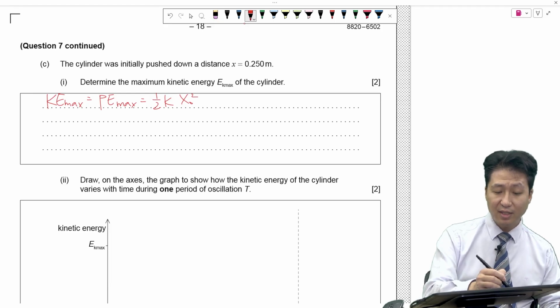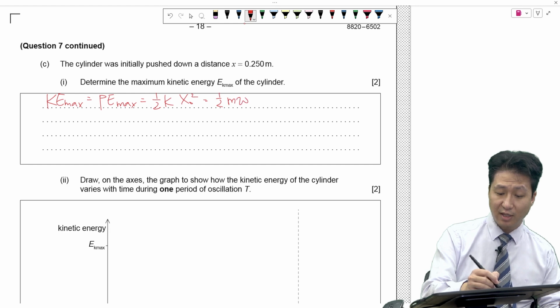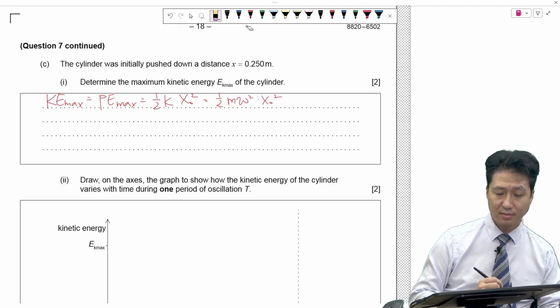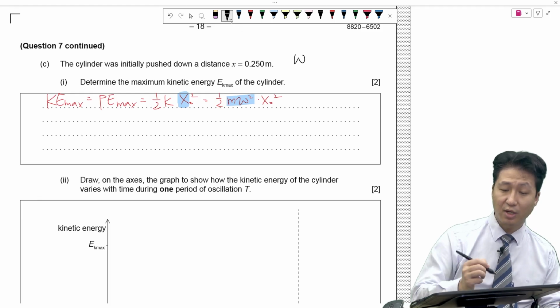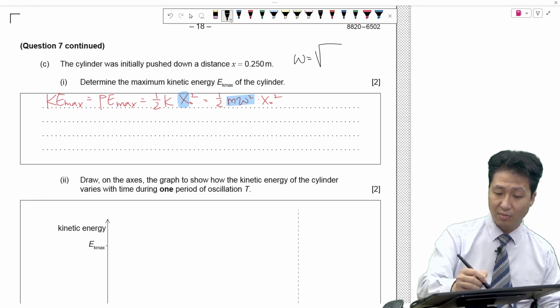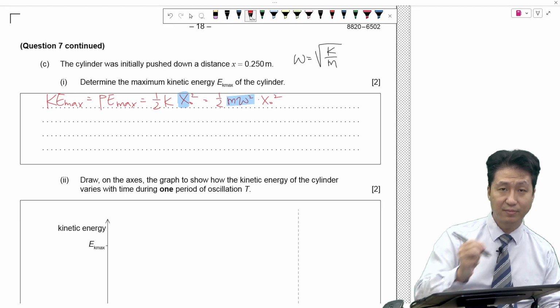So we could find this as we did before, or we can use 1/2 mass times angular velocity squared times amplitude squared. This term here, the k, and mass times omega squared are the same value, because omega, or angular velocity, is equal to the square root of k over m.